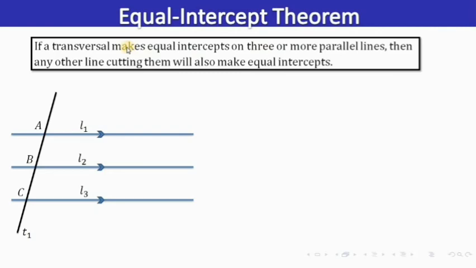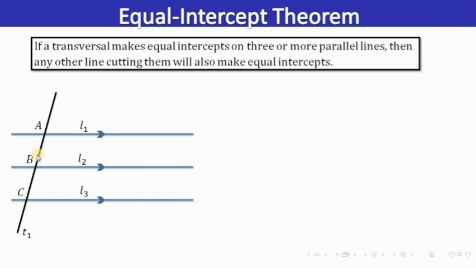That's what is written here. If a transversal makes equal intercepts on 3 parallel lines, equal intercept means this portion, that is AB, is one of the intercepts and another intercept is BC. According to the theorem, AB and BC must be equal.